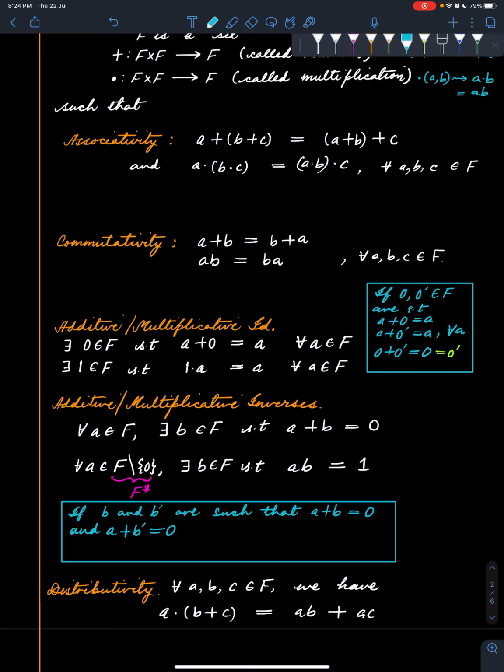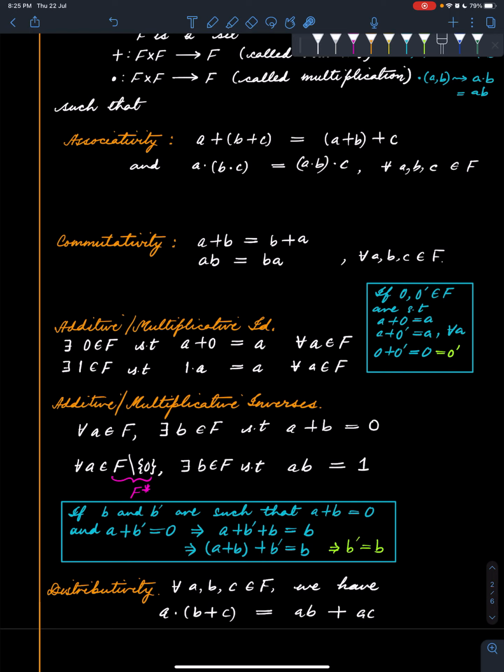So from the second equation, what we have is A plus B prime plus B equals B, but we can use commutativity and we get that this holds. But this is 0 via the first equation, and 0 plus anything is the same thing. So this gives us that B prime equals B. Therefore, there is only one such B for which this holds given any A.